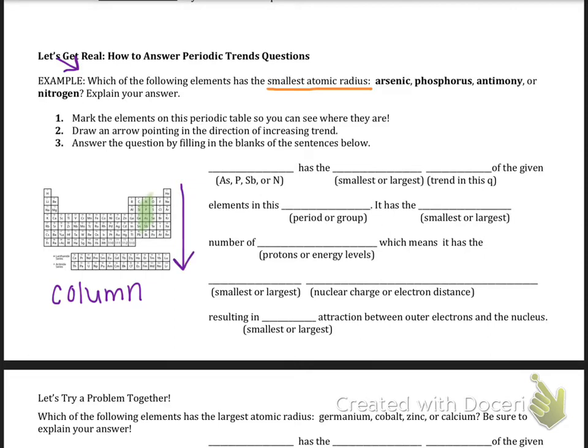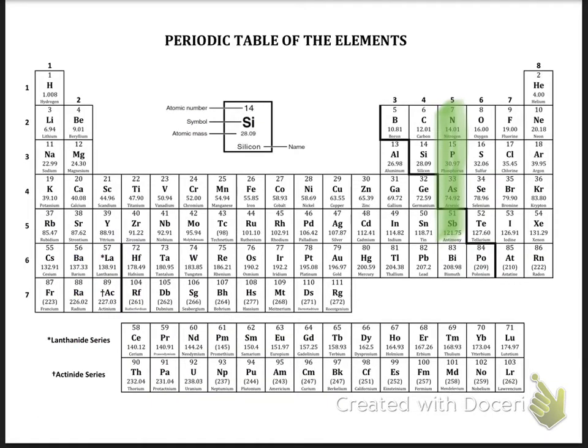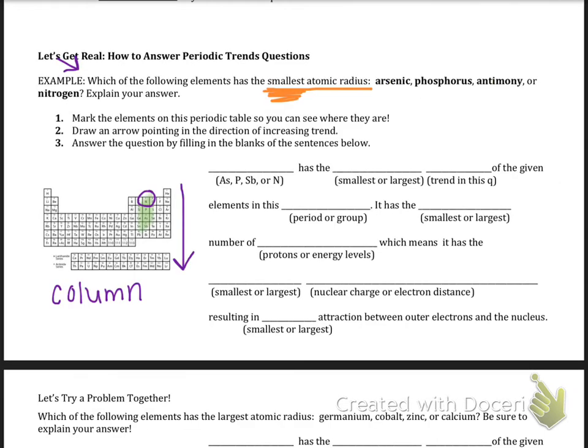Now let's answer the question. It wants the smallest atomic radius. So it's the smallest up at top, and it gets bigger going down. So the smallest one is the one that is up here, which is nitrogen. So I'm going to answer the question.